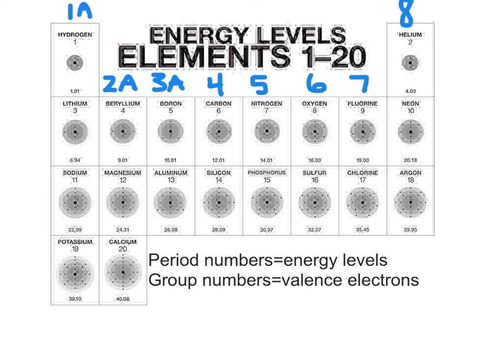As you move across the periodic table, you add a valence electron at every group number. When you get to the end, group 8A, that energy level is full. So the electrons have to go to a higher energy level. The period numbers on the left represent how many energy levels an atom of that element has.